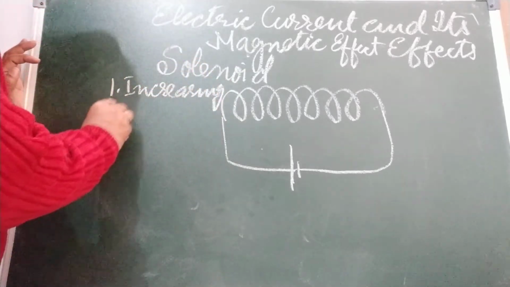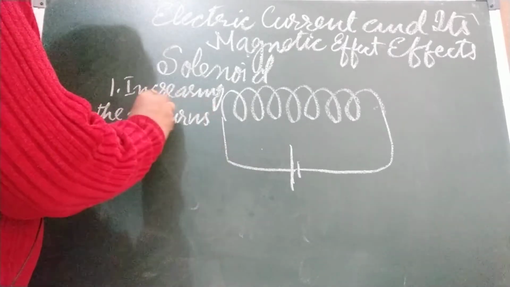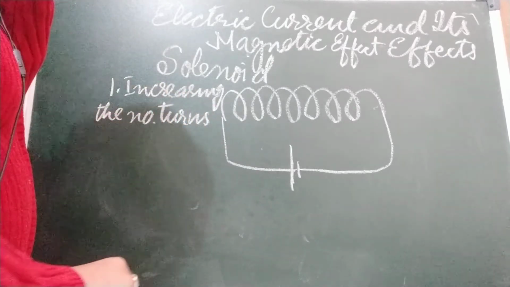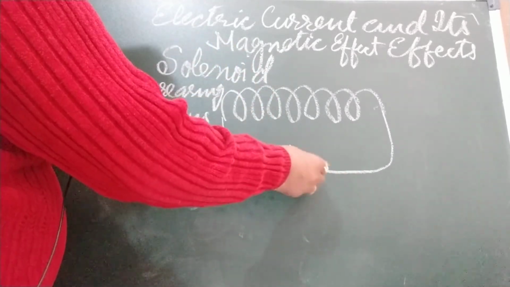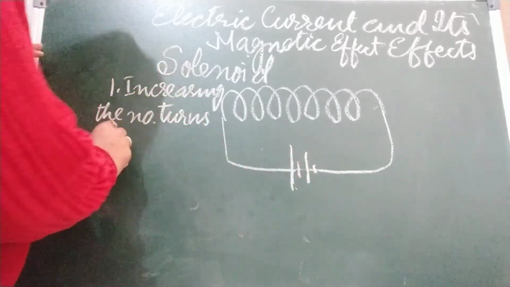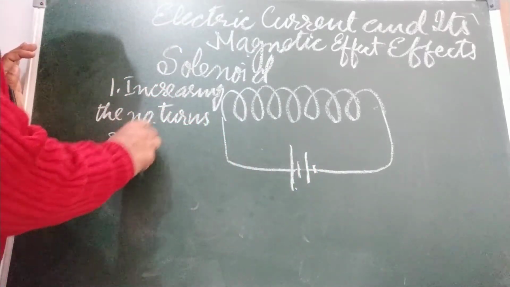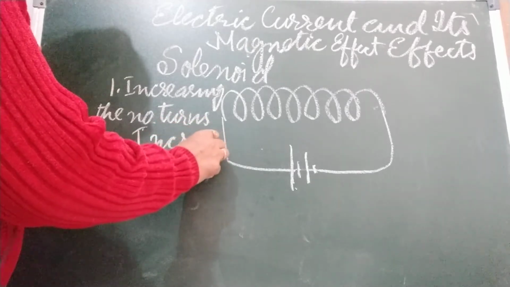Second is to increase the current. As I told you, if we increase the current, the magnetism would be more.